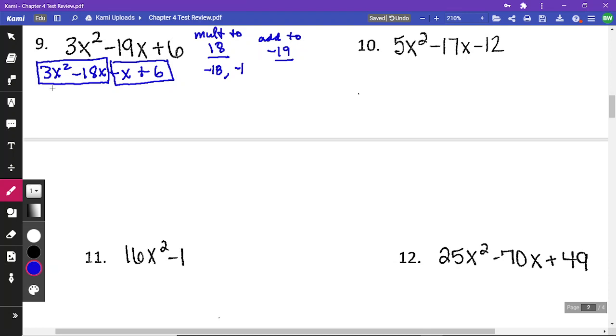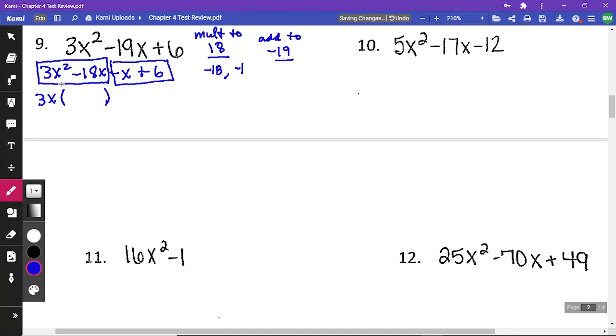So from the first one, both those terms in the first box have x, so we're going to factor out an x, and also in the numbers we can factor out 3. So we factor out 3x, and so what goes in the parentheses is what's left.